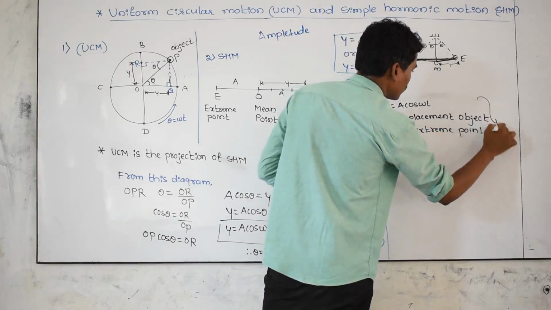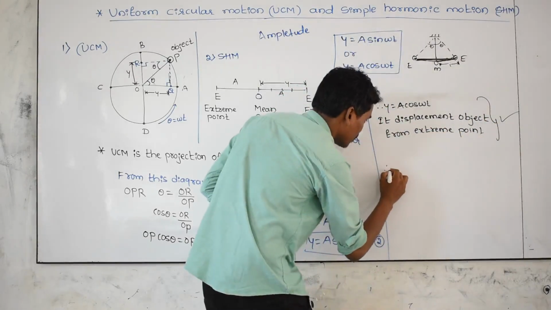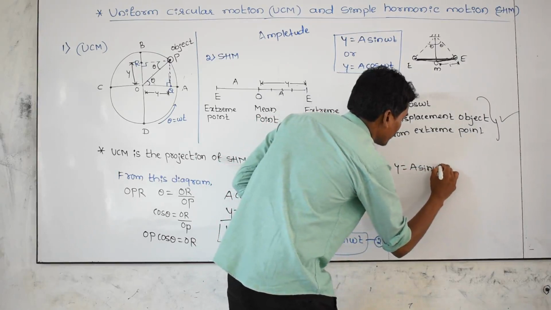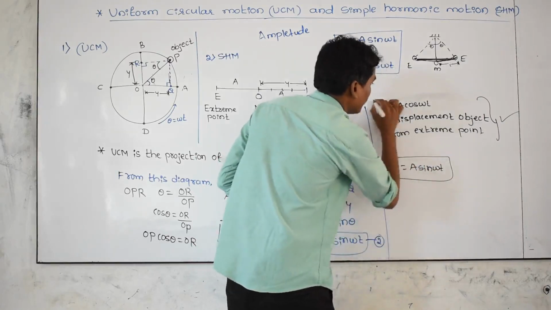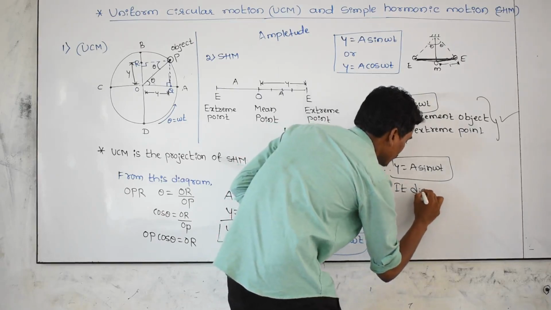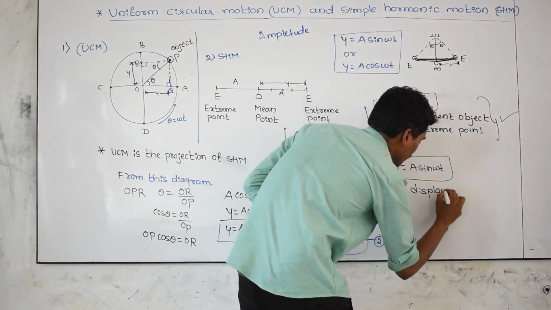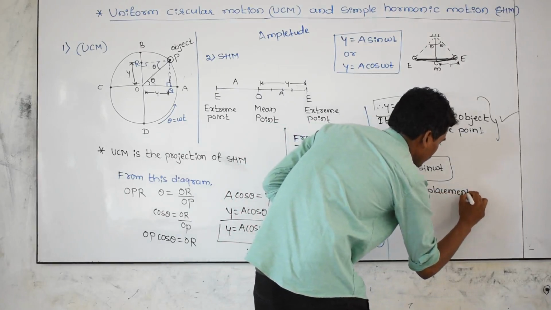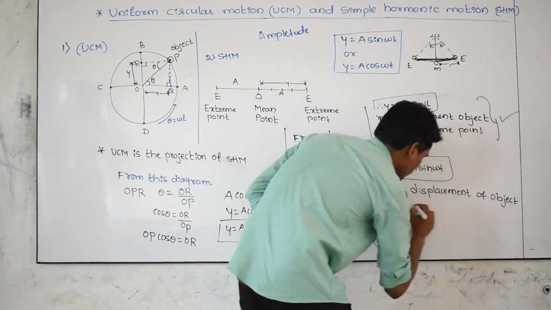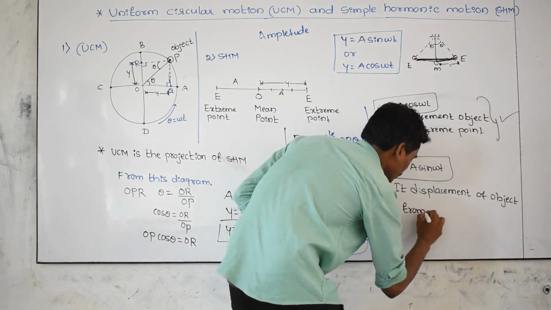And second, y equal to a sin omega t, and it is the displacement of the object from the mean position.